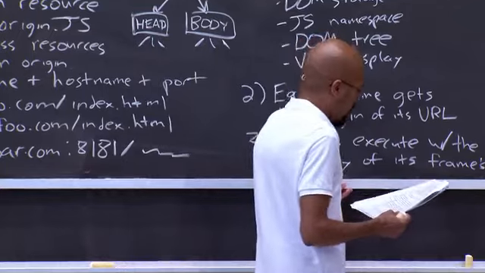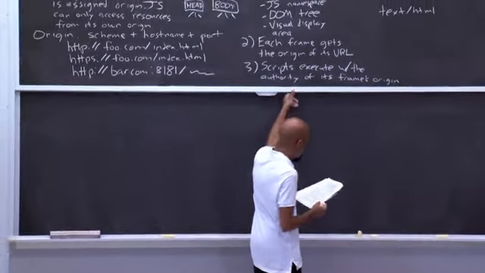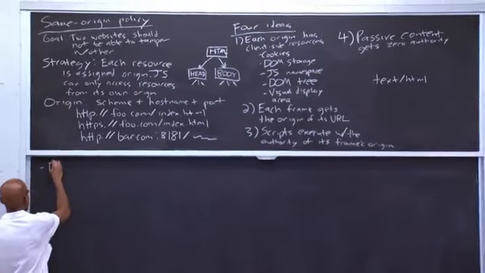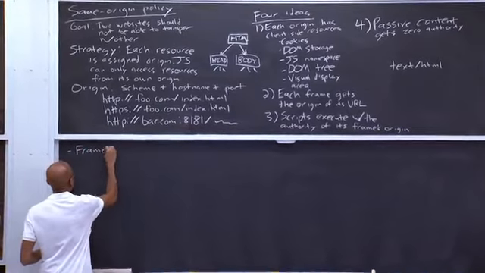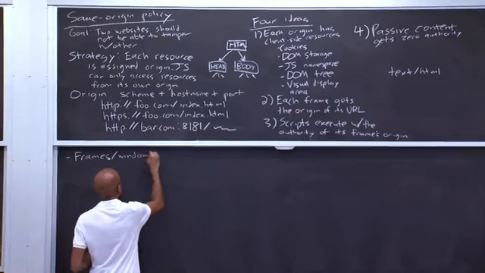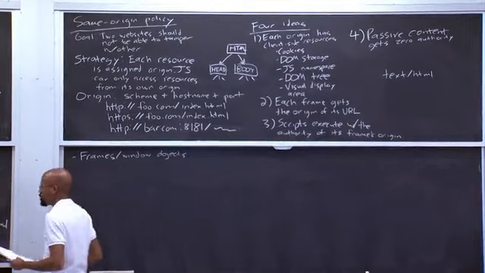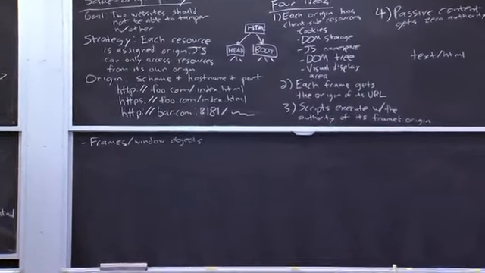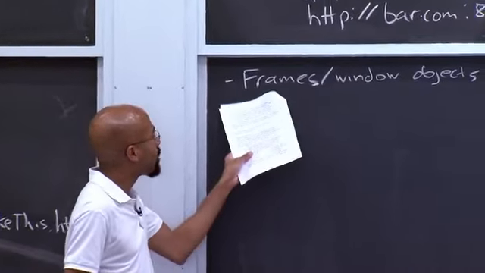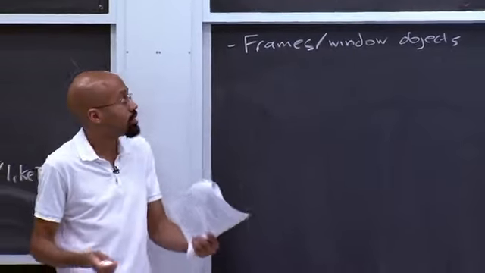So let's now dig down and take a deeper look at how the browser secures various resources. Let's look at frames and window objects. Frames represent these separate JavaScript universes that we discussed over here. Implementation-wise, a frame with respect to JavaScript is an instance of a DOM node.